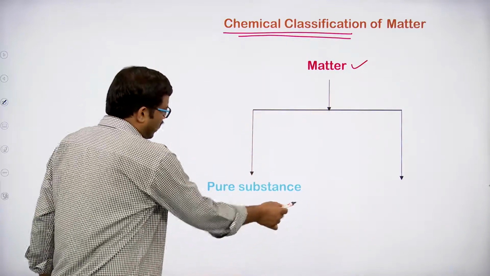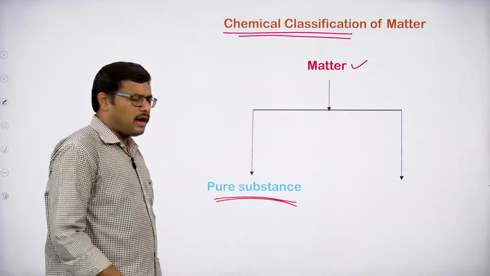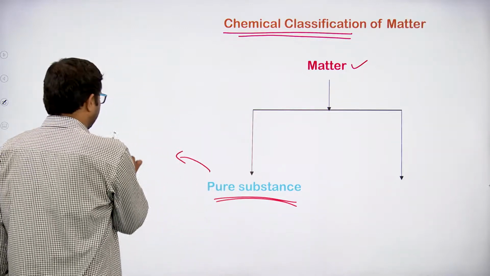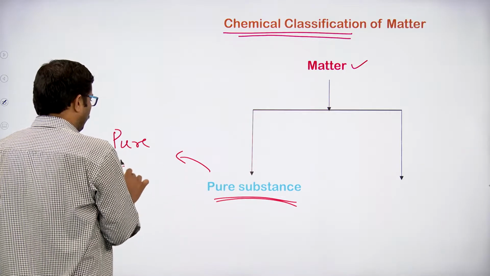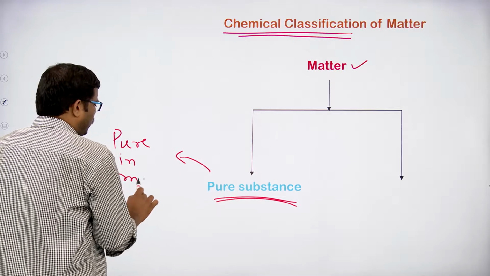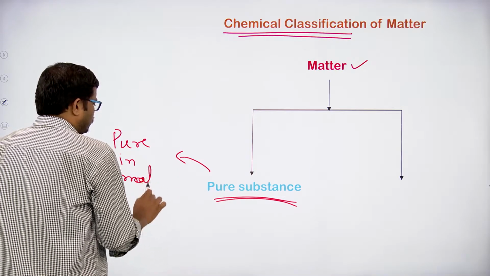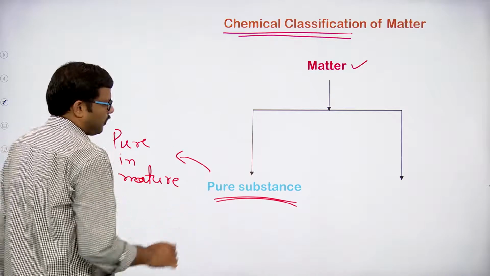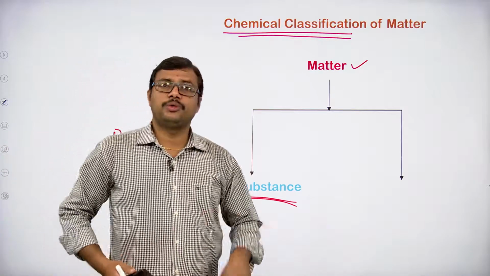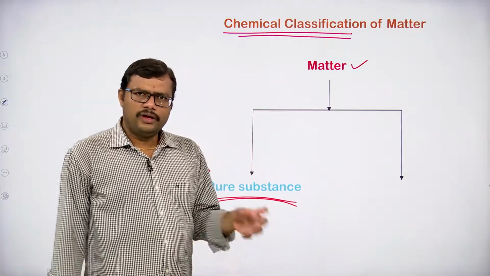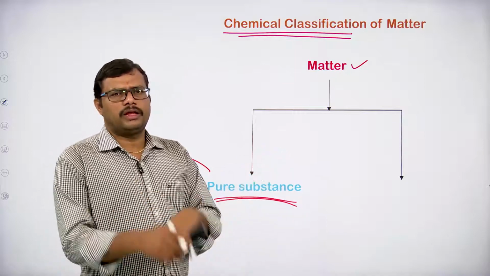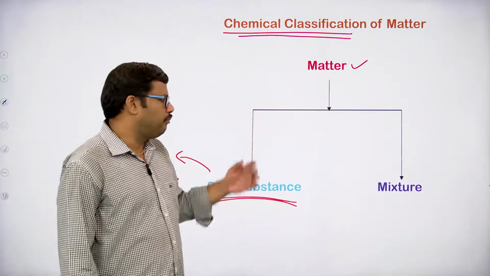So, it is a chemical compound which is pure in nature. No impurities are present in it, okay. When we have 2 pure substances mixed together, what are we going to get? We get a mixture.